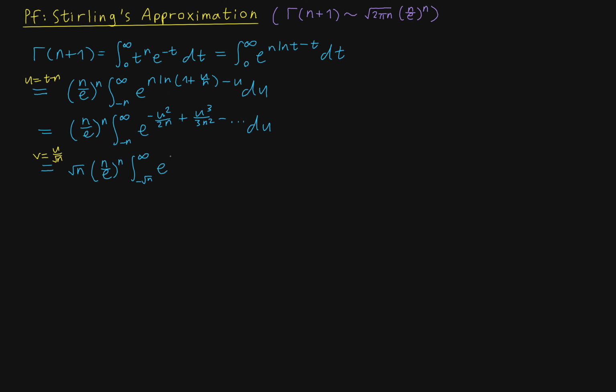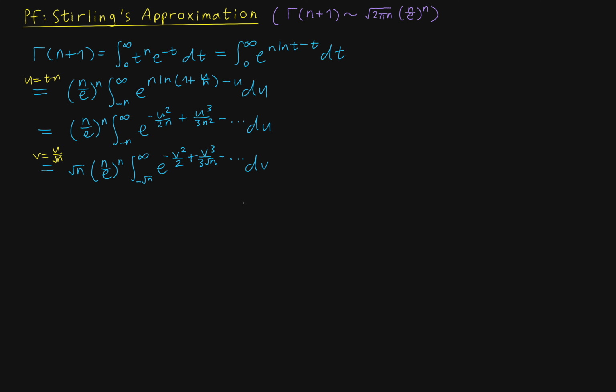And if we look at e here with our Maclaurin series expanded, we're going to notice that the first term is going to simplify to be only in terms of v. So we have minus v squared over 2, then plus v cubed over 3 root n, and so on, dv.